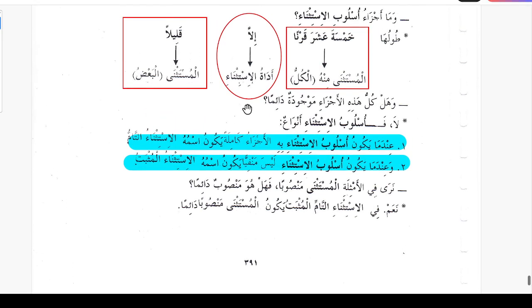Yes, so when the sentence is a complete istisna and is positive, musbat, then the mustasna is always mansub. So that is one kind where we see all three parts and the sentence is positive. In this case, the mustasna is always mansub, qalilan here.